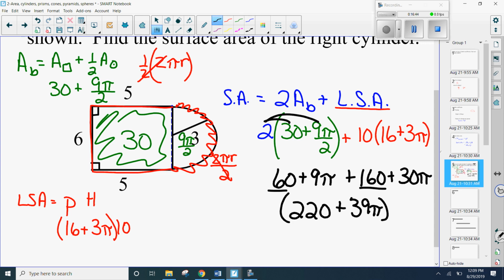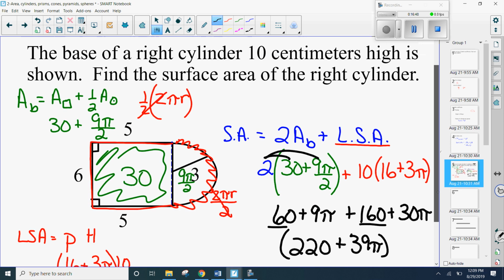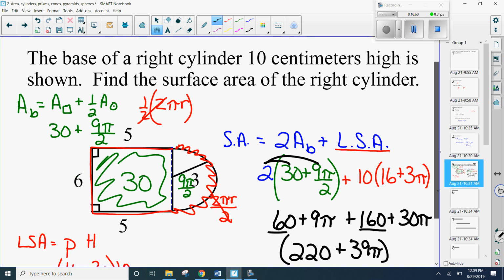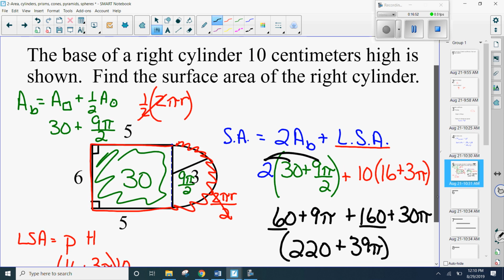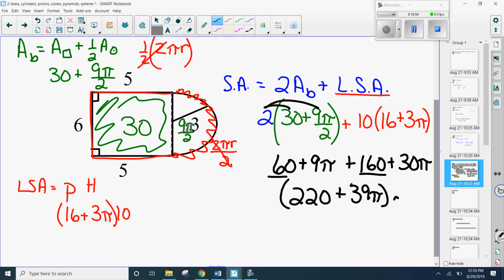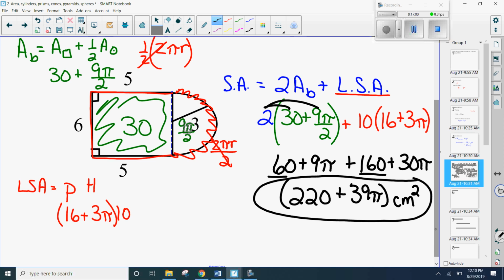It's surface area, so your units are where? Oh, right there. I had it typed out instead of abbreviated, so that's what I was looking for. So square centimeters. So there's your area.